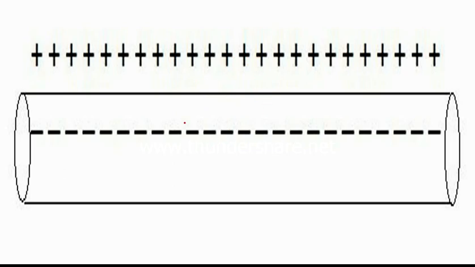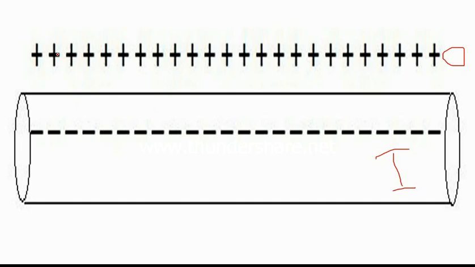You can see this resting membrane potential in this picture easily: this is outside of the cells and this is inside of the cells. In the inside we have minus charges, in the outside we have positive charges. You can easily see these things in this picture.